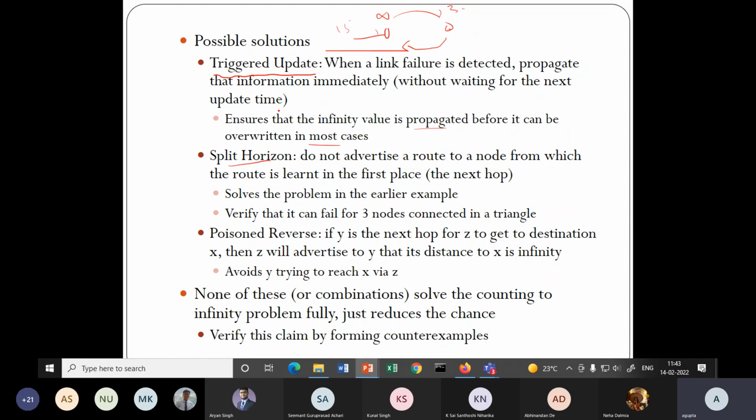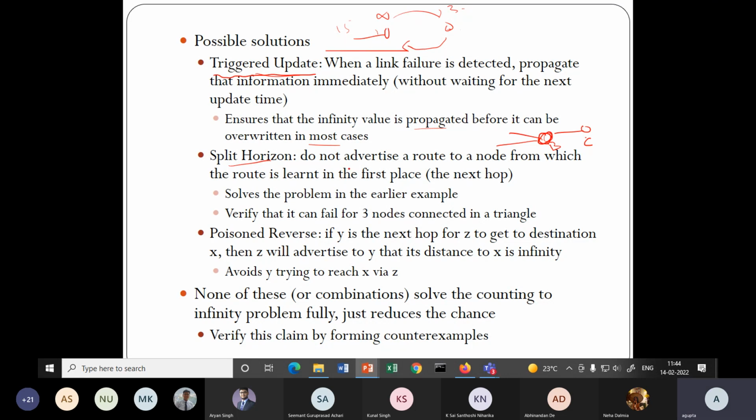The second one is split horizon, which says what I just said before this. If you have received something from this node, so this is my C, this is my B. If C has known about a path for which B is next stop, don't tell B that path back, because B cannot do anything with it. There's no extra information with it.